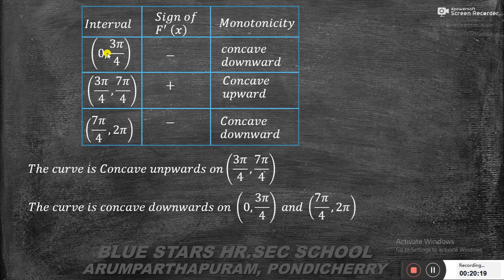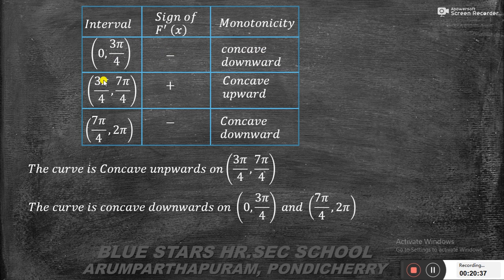Any angle you substitute in f double dash between 0 and 3 pi by 4, you get the minus symbol in the answer. So minus means concave downward.